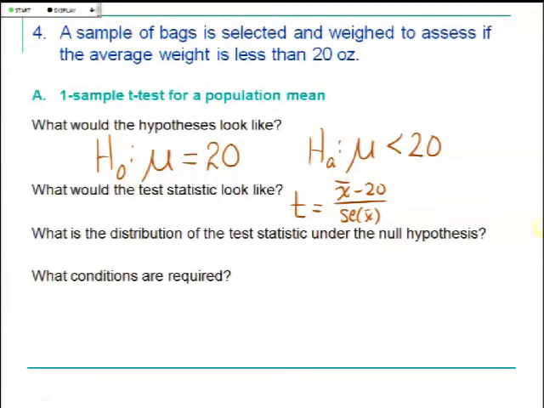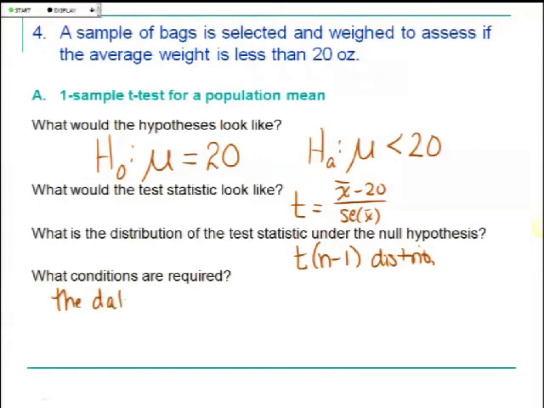Our distribution here would be what? Some t distribution with n minus 1 degrees of freedom. And now we would have the same 2 conditions as we did on the paired design, but we're not talking about differences here. We're just talking about the weights.